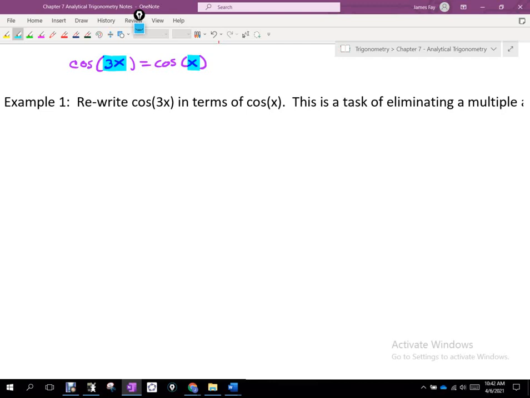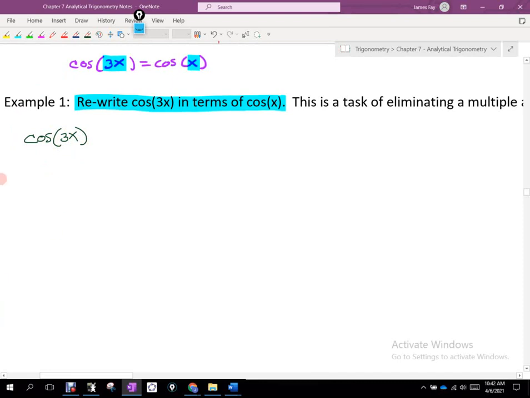And the best approach to do that is to reduce this, to make the 3x go down to 1x. So this is the first step. If this was the overall question, the first thing you would do would be that right there. So we're going to start with cosine of 3x, and we're going to try to dwindle it.